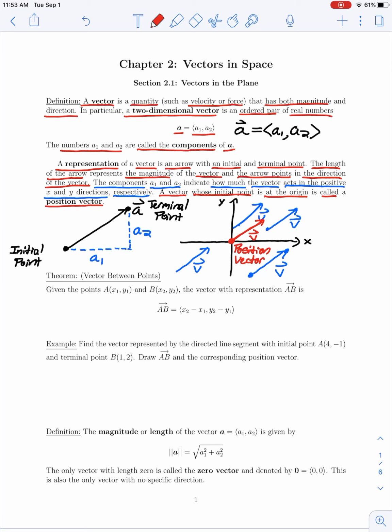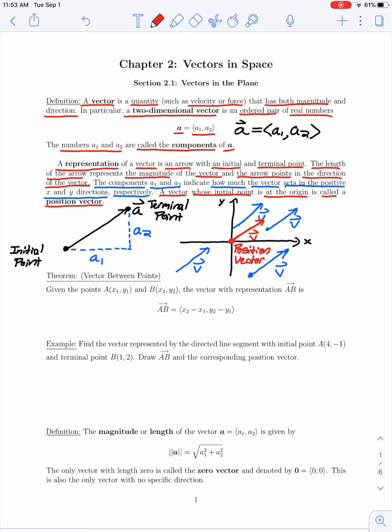So when we talk about the position vector corresponding to a vector, we are referring to the representation whose initial point is at the origin. But as I've explained here in the figure that I've drawn, all of these representations are of the same vector v, since they all have the same direction and the same length.